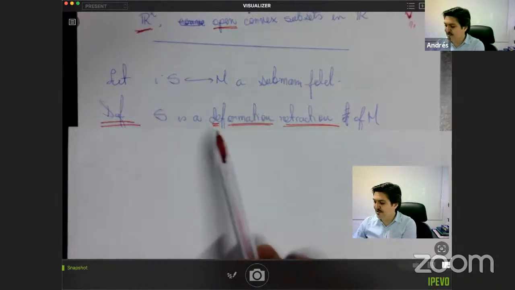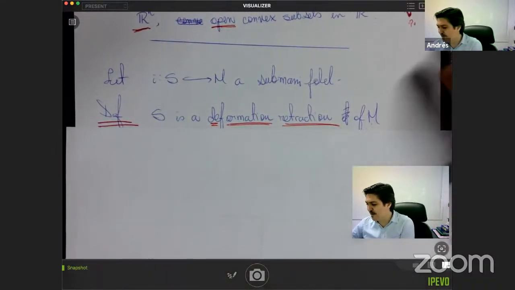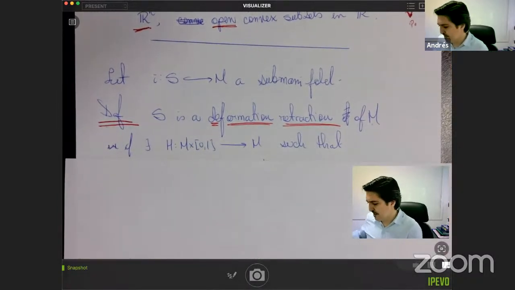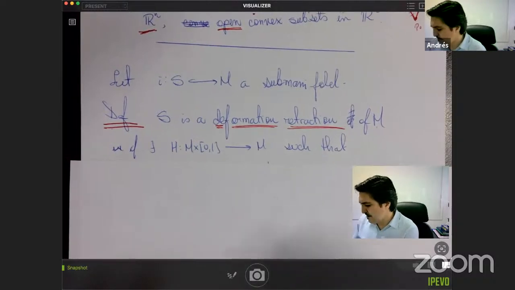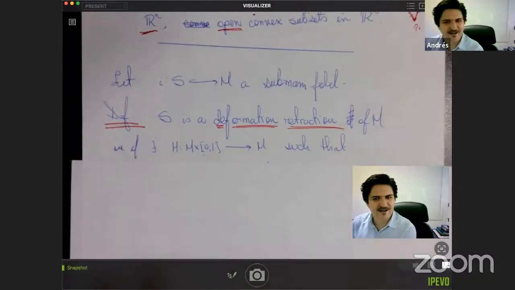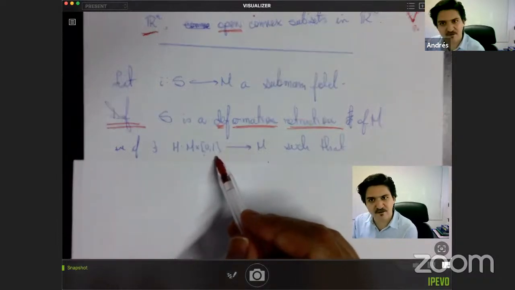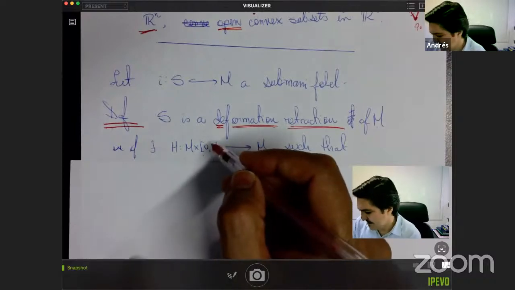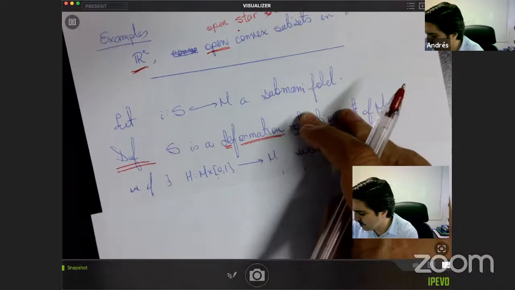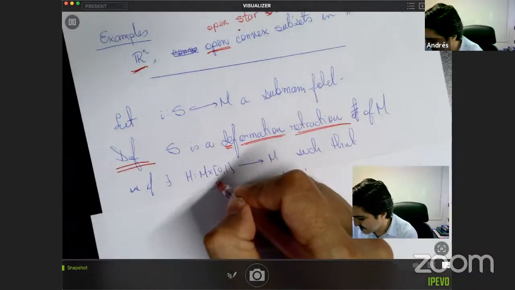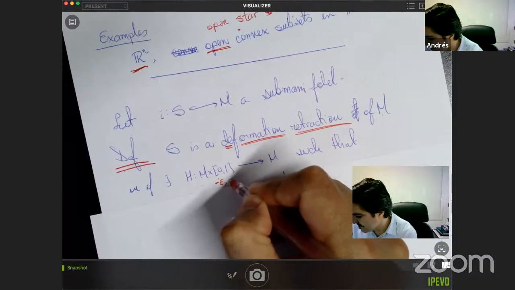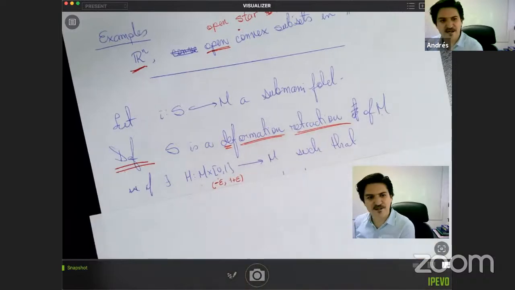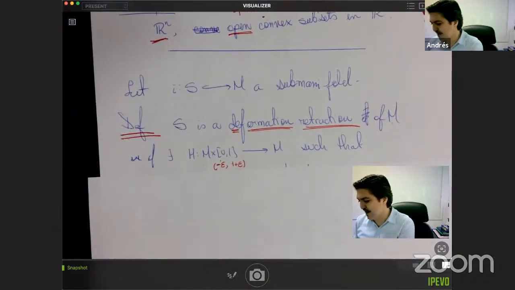So the submanifold is a deformation retraction of the mixed manifold if there is this homotopy map. Remember that here this is not a smooth manifold because we have a boundary here. What we did last time, remember, is that we replaced this by the open interval, and in that case we have a manifold. So keep that in mind.